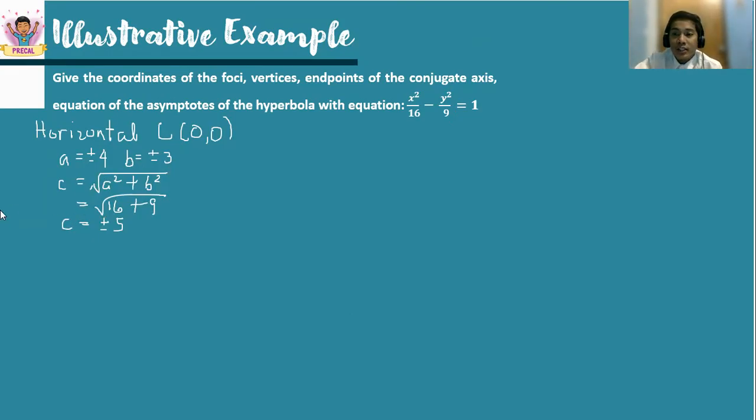Now, to get the coordinates of the vertices first, we refer to the distance a. So since the vertices are located on the x-axis, we have negative 4, 0.